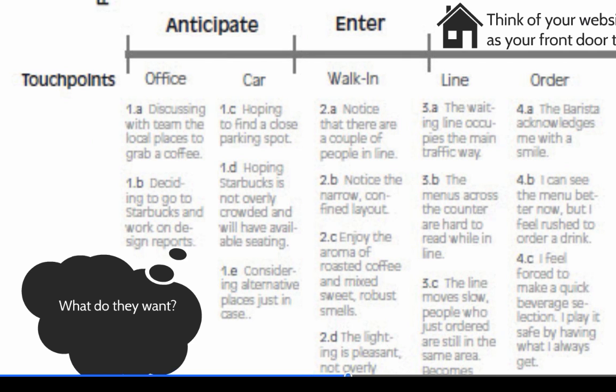So these are all the things that people are thinking about before they even touch your organization. Some of the things you start to realize when you look at the retail experience are out of your control. For instance, when you pull into a Starbucks, it's not really Starbucks' fault if there's no place to park, but they can think about where they position themselves, so that hopefully there is plenty of parking nearby.